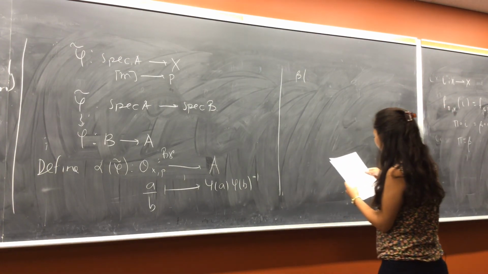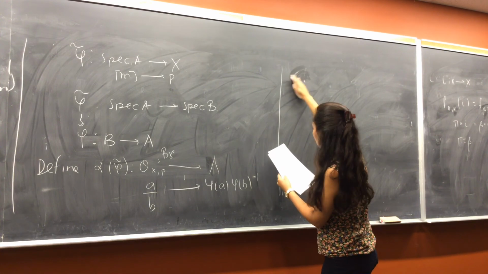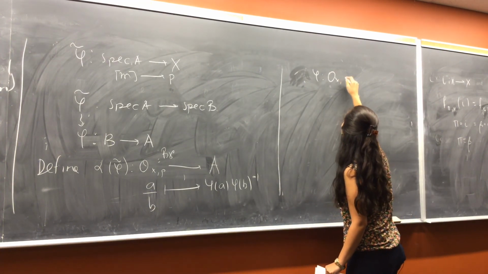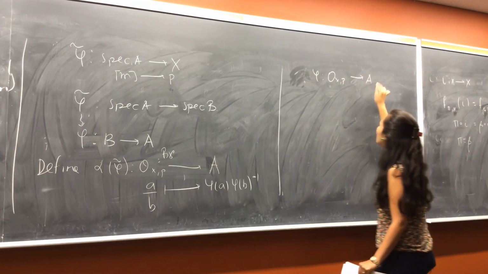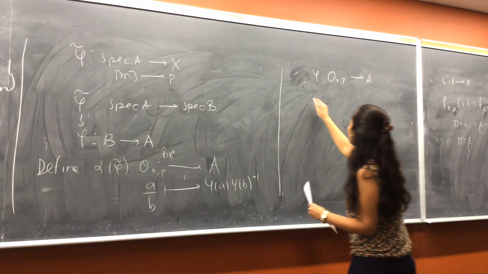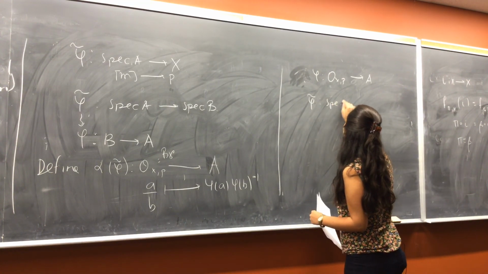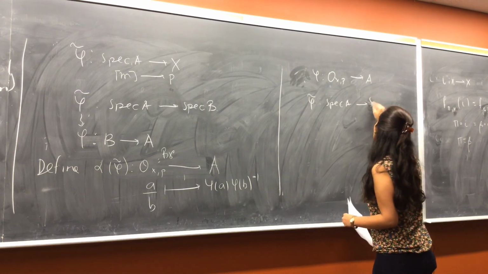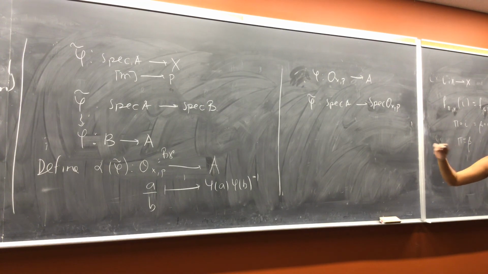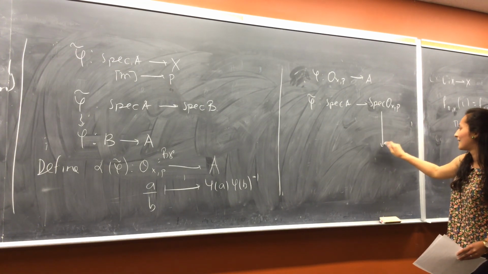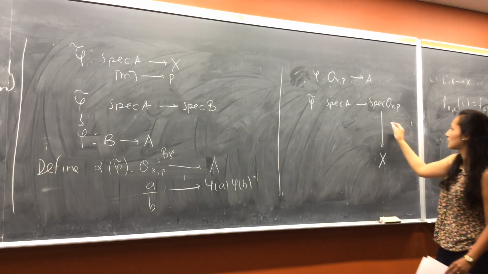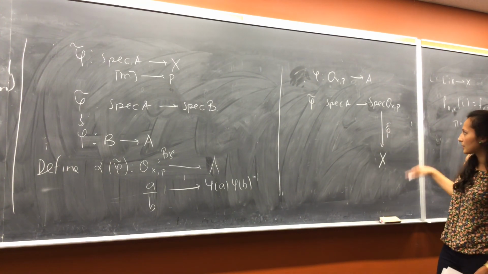So if we have our map from O_{X,P} to A, then we have in the other direction the map Spec A to Spec O_{X,P}, and then we need to complete it to a morphism to X, so we can use our epsilon map that we described before.